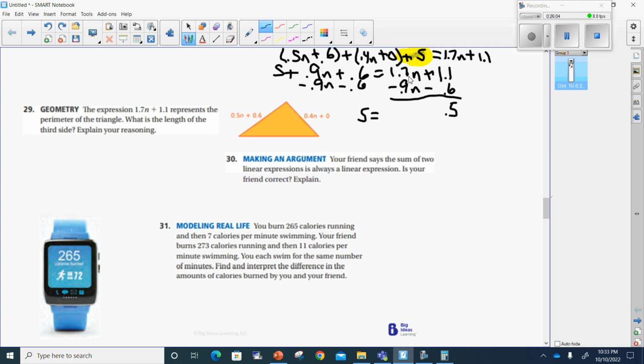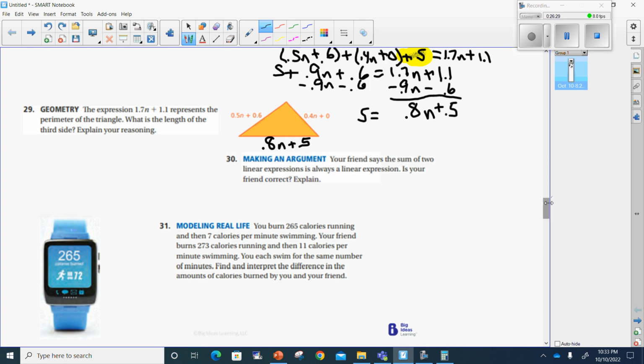So this is going to be 1.7 minus 0.9. That's going to give me 0.8n. And remember, we kept the bigger sign here. So the last side has to be 0.8n plus 0.5.